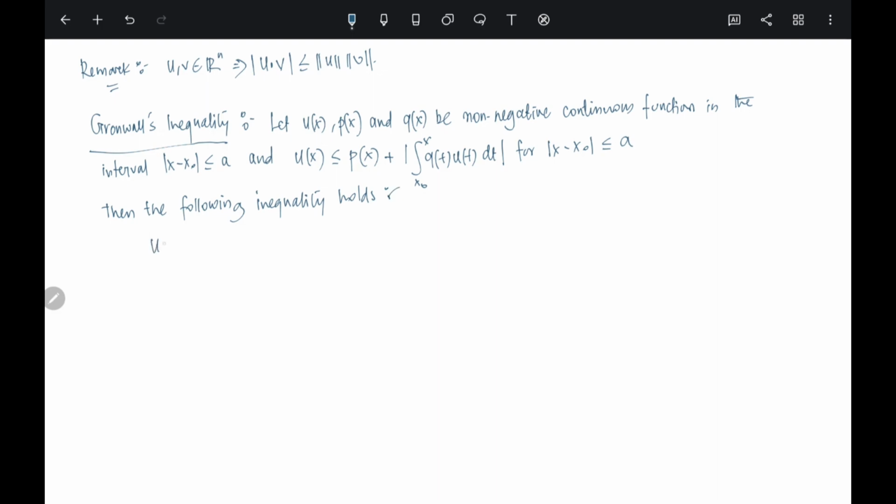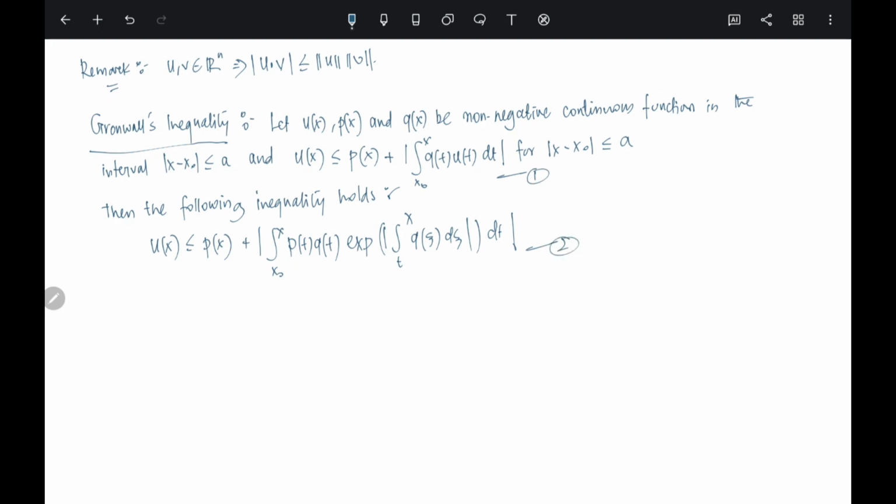It says that u(x) is always dominated by p(x) plus the modulus of the integral from x naught to x of p(t) q(t) times the exponential of the modulus of the integral from t to x of q(xi) d xi, dt.